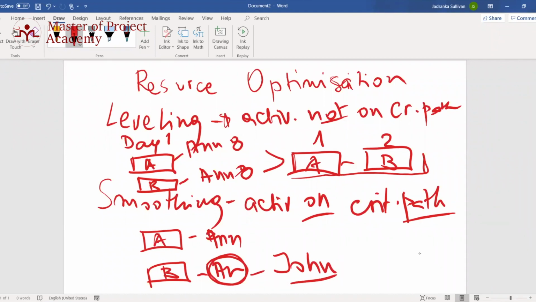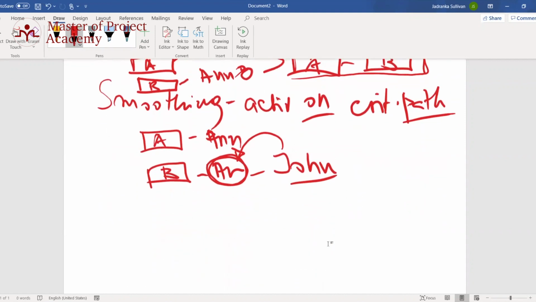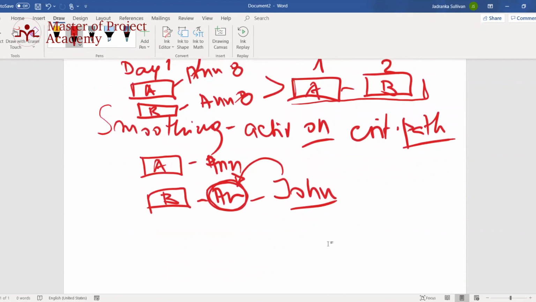So John will do activity B, because we cannot postpone B to the next day; if we postpone B, then our project is going to be delayed. That's why we will replace N with somebody else. Okay, is it clear? It is on the critical path. So smoothing is for the activities on the critical path.